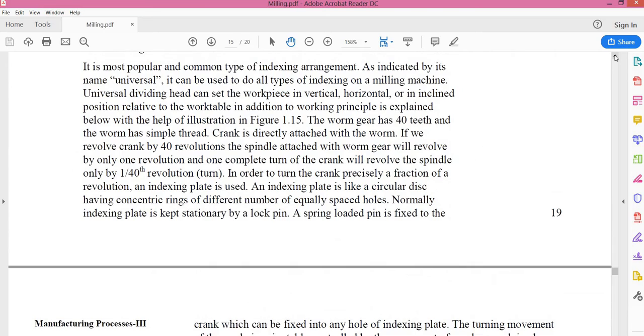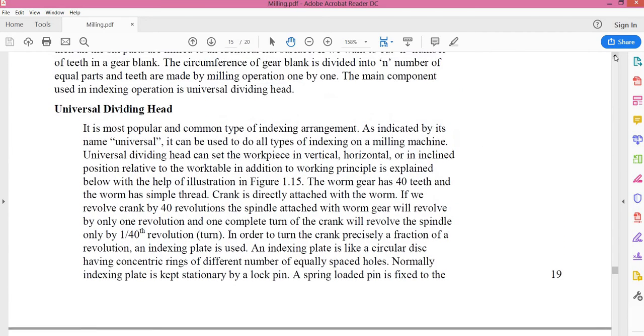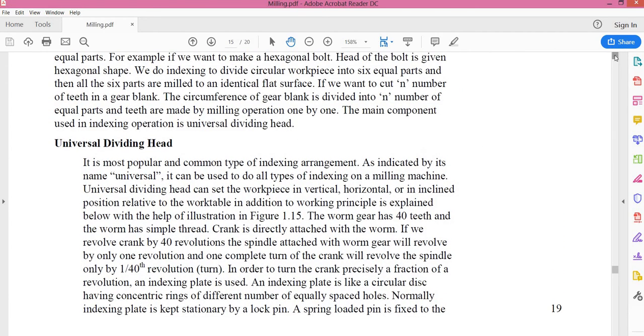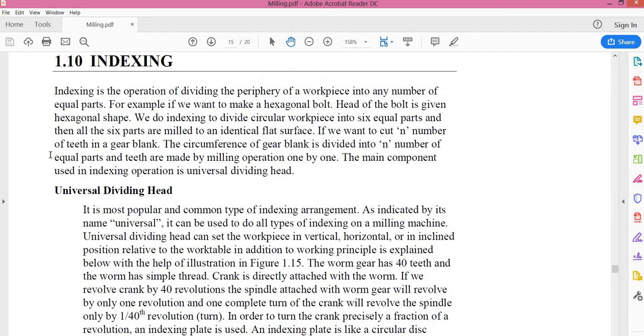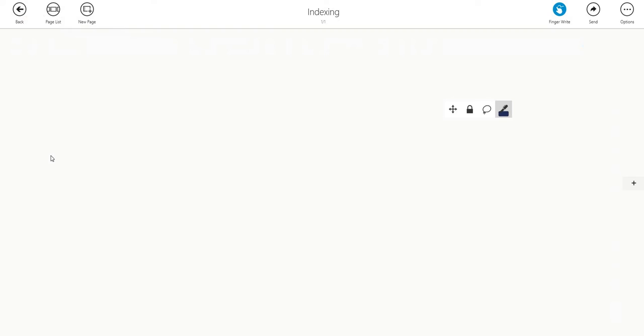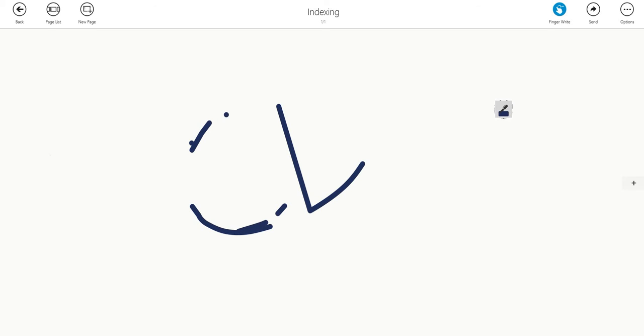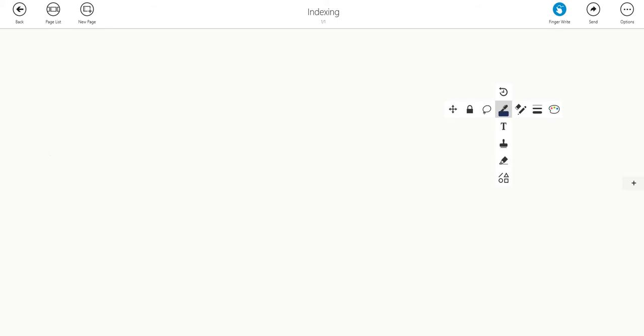So to learn indexing, first of all we will have to learn about the universal dividing head and the importance of indexing. Why do we need indexing, basically? Suppose we have a circular plate, one circular disc, and we want to divide it into a hexagonal bolt, or a head of a hexagonal bolt.